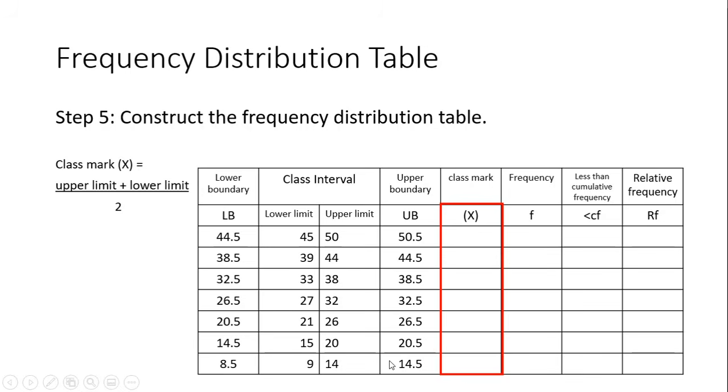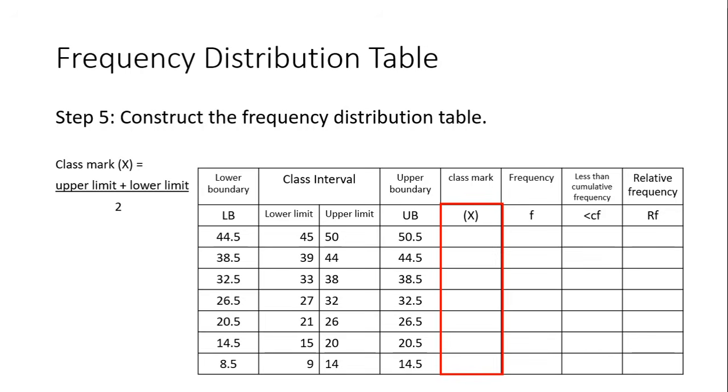So again, we will start from the bottom. So this is your lower limit, this is your upper limit column. So it states here that for us to compute for the class mark of the first row from the bottom, we need to get the summation of your upper limit and your lower limit, and then you divide it by 2. Or to simply put, it's actually the average of your lower limits and your upper limit.